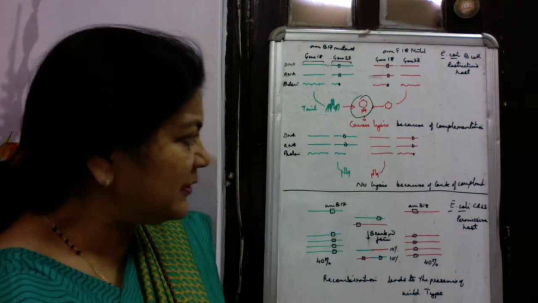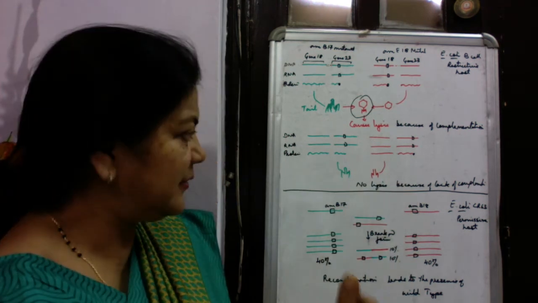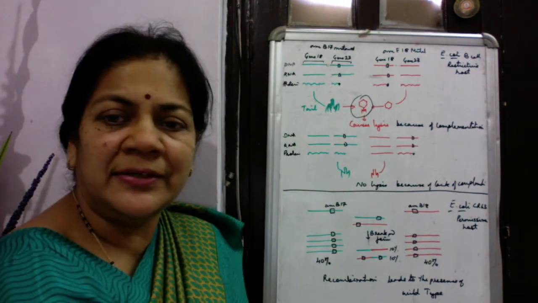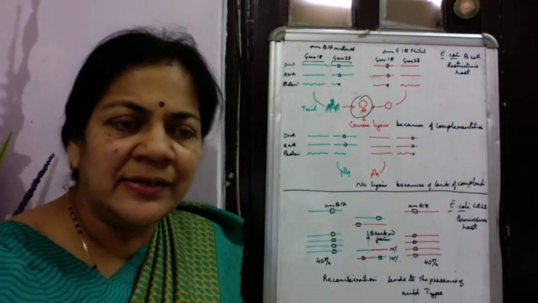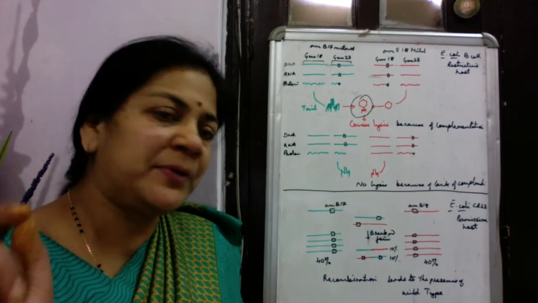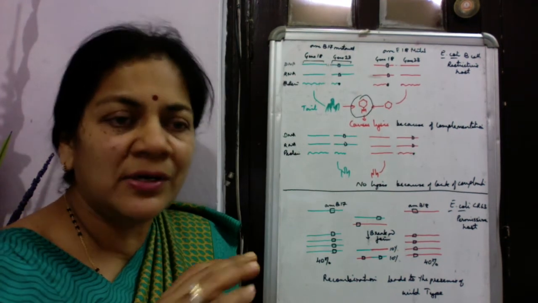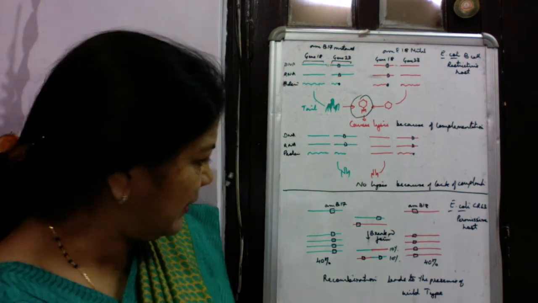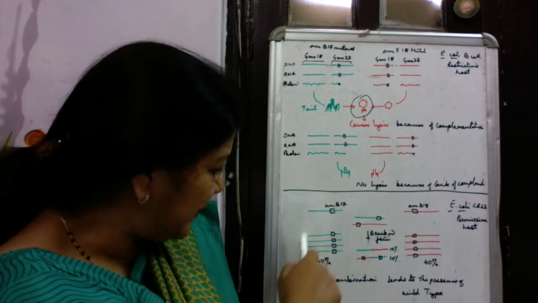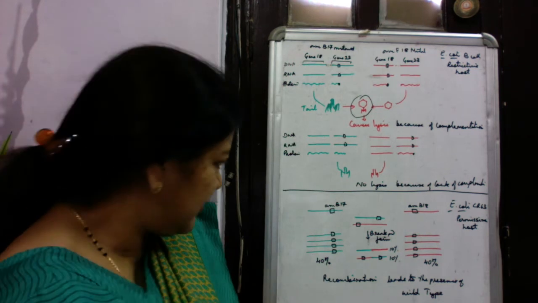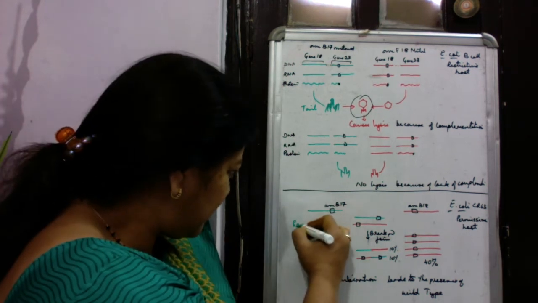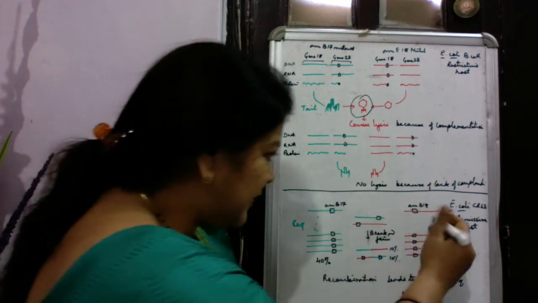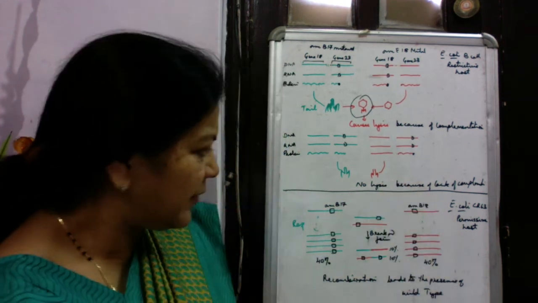Both of these are transfected into the E. coli cell. This strain is CR63. This CR63 cell is a permissive host, so it will allow all kinds of phages to grow, whether they are mutants or not. So this is replication over here. This replicates and has many progenies, this replicates and you have many progenies.